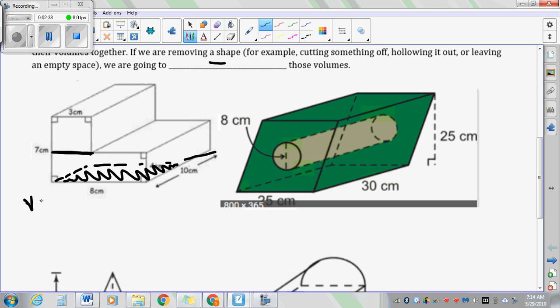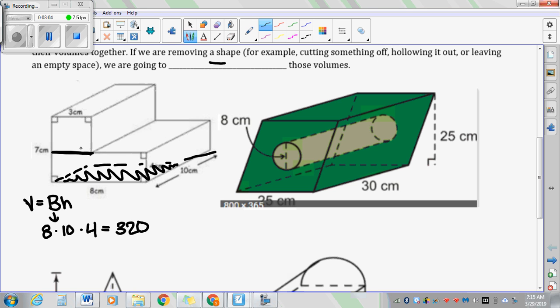The volume of a prism, which is what this is, is the area of the base times the height. The base is going to be 8 times 10, base and height. Then I need to multiply that by the height of the whole shape, which is this 4 right here. So 8 times 10 times 4 gives me 320.